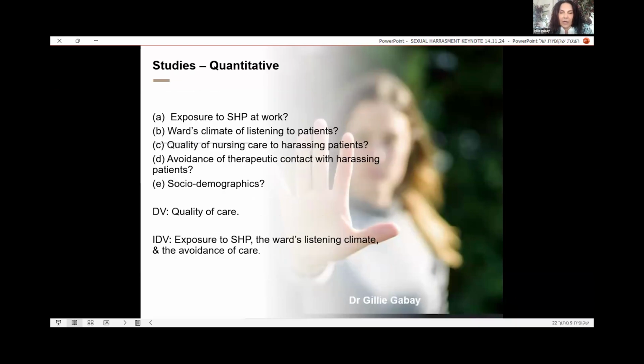The goals of the quantitative study were to examine the extent of exposure to sexual harassment at work, to test the ward's climate of listening to patients, test the quality of nursing care that is provided to harassing patients, examine the avoidance of therapeutic contact with the harassing patients, and to see if there are differences in socio-demographic data, although literature on violence against clinicians, for example, says that nothing matters.